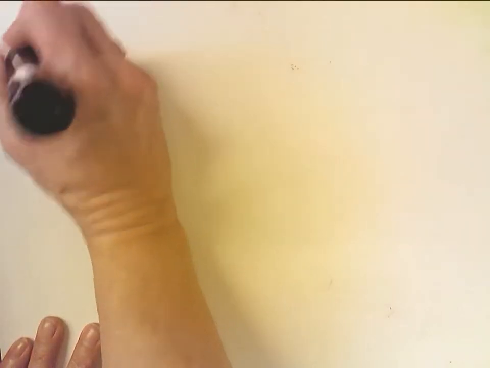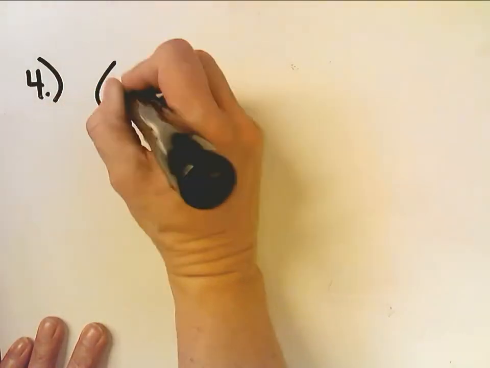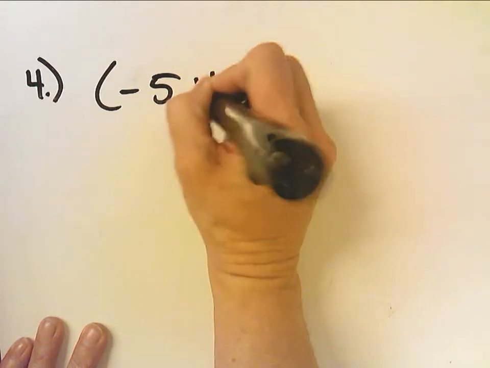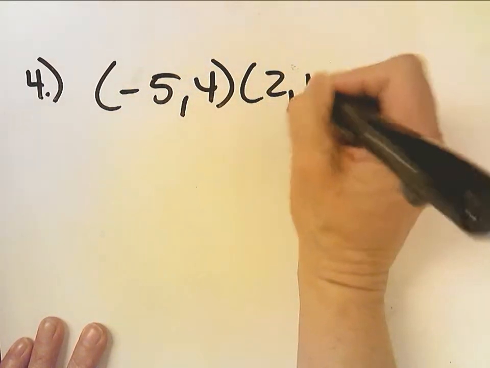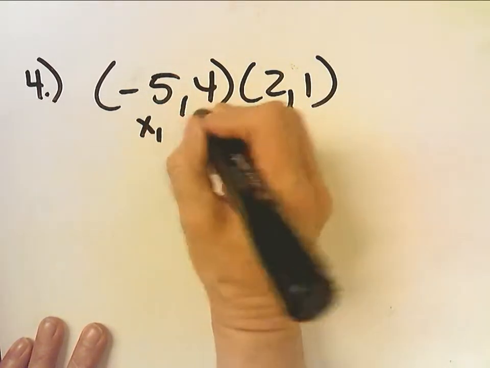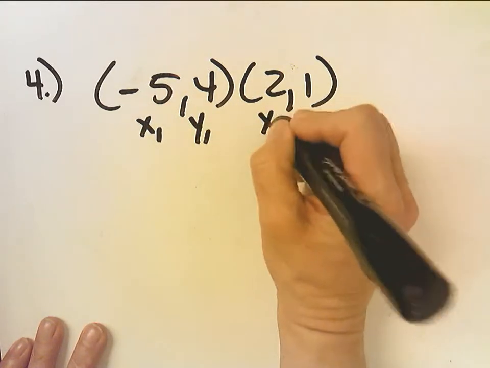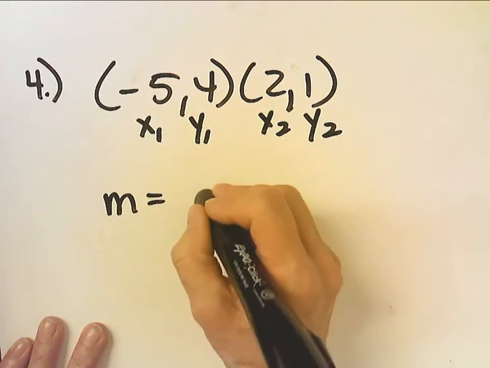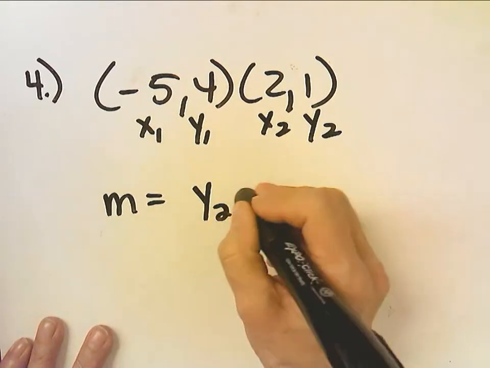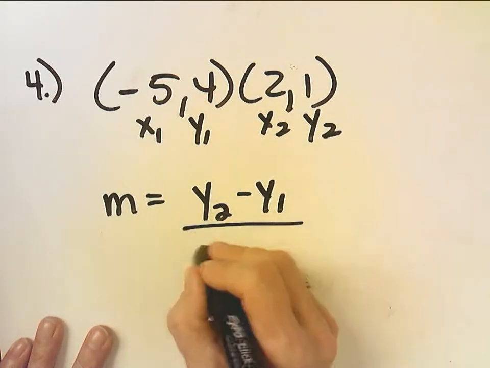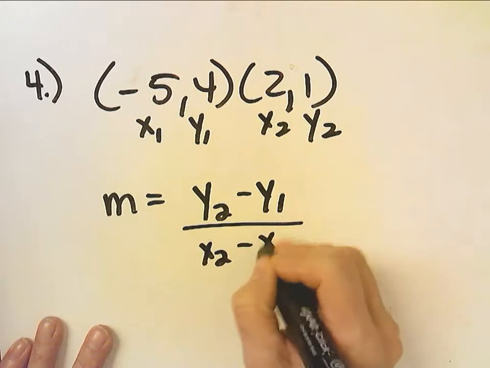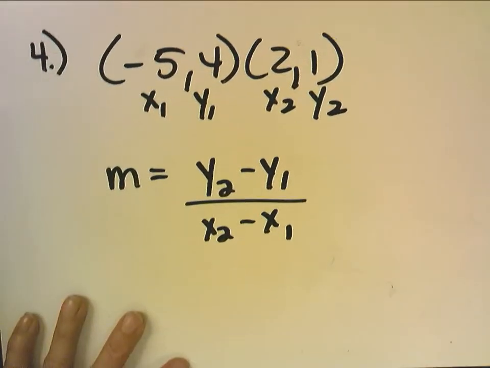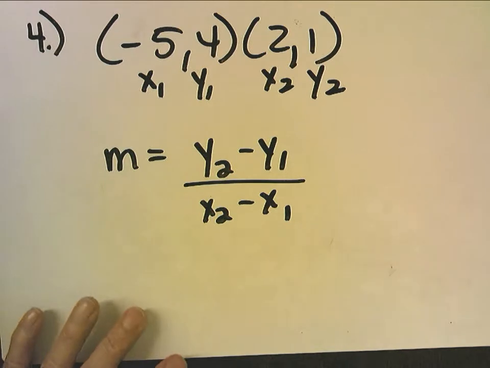Okay, number 4. We have (-5, 4) and (2, 1). This is x sub 1, y sub 1, x sub 2, y sub 2. M equals y sub 2 minus y sub 1 over x sub 2 minus x sub 1. Now, we're just going to substitute.